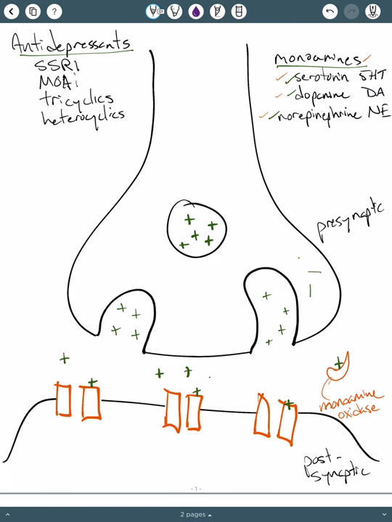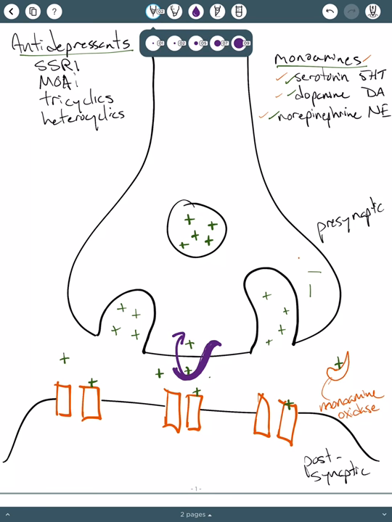Another mechanism that we talked about before is that you can use transporter molecules, just like in the stimulants mechanism, to remove neurotransmitter from the synapse and take it back up into the neuron that released it, through a process called reuptake.